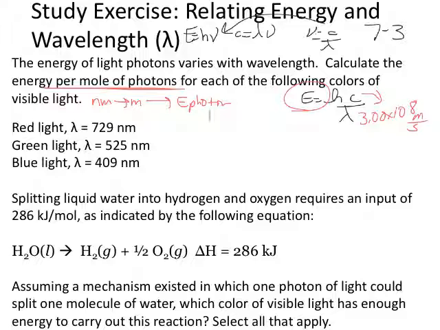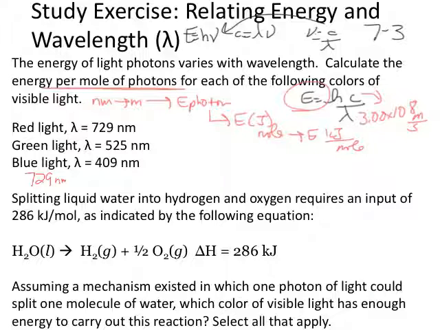Then we're going to convert that to energy in joules per mole, and then we're going to put this in kilojoules per mole. And we're going to do this for each one of them. So I'll work the first one here and then we'll work the others on the bottom. So let's do red light.